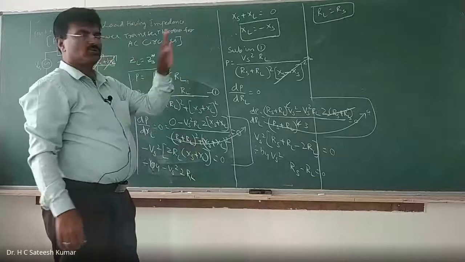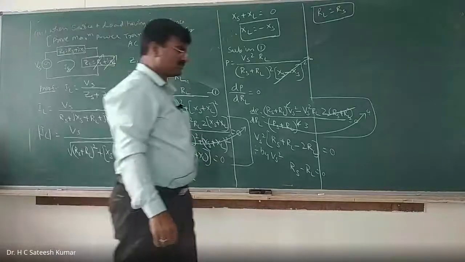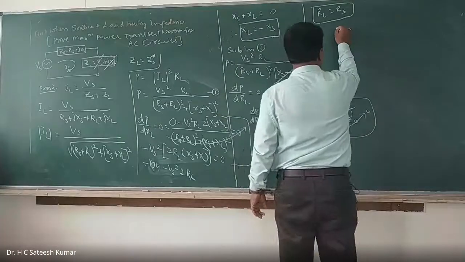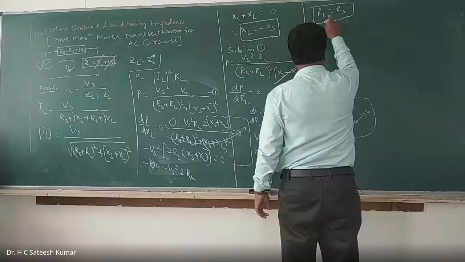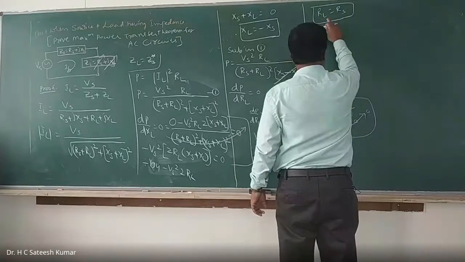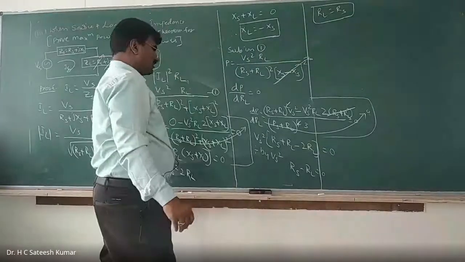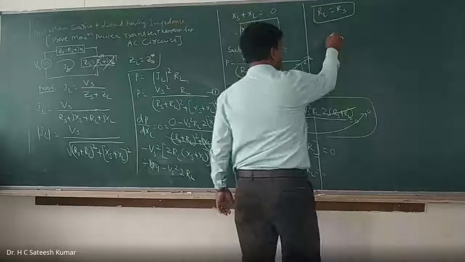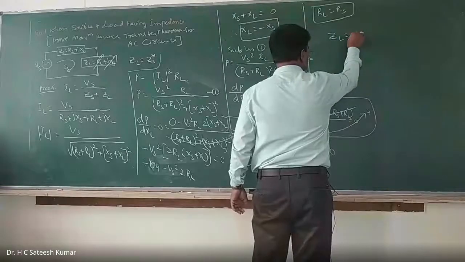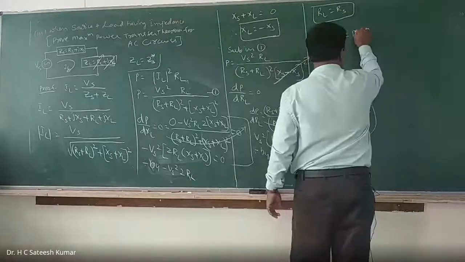Combine those two conditions. What is ZL? According to that, RL is equal to Rs, we said. Now you can write ZL is equal to RL plus jXL.